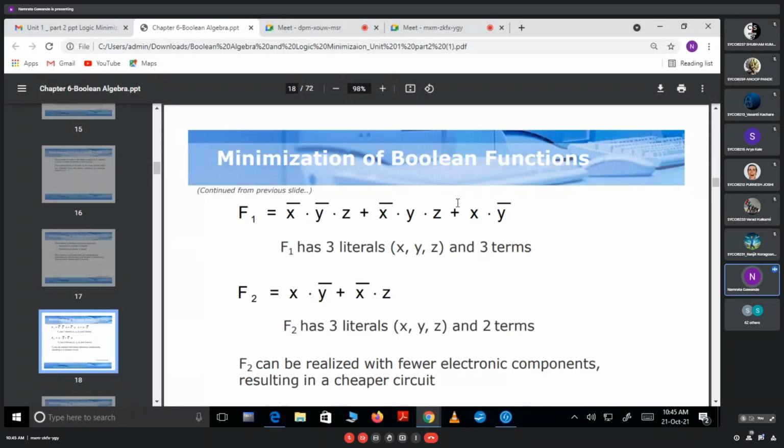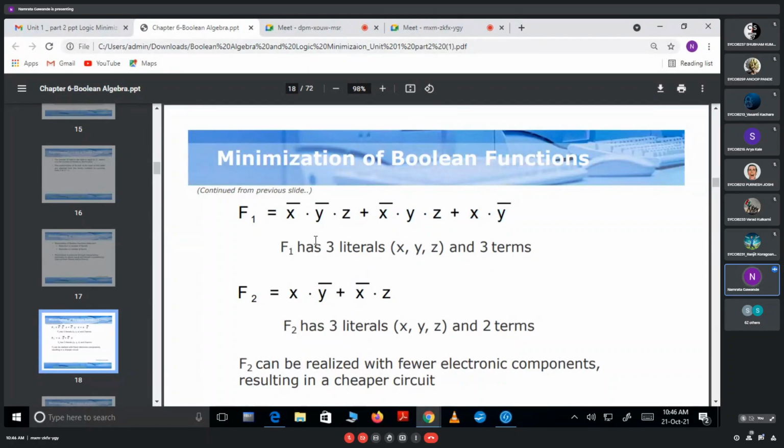What you can see in this particular function is that it has three literals. Which are those three literals? X, y and z, right? Either they can be in complemented form or in uncomplemented form. You can see three literals, those are x, y, z, and three terms. What is meant by three terms? This is one term, this is one term, and this is one term.